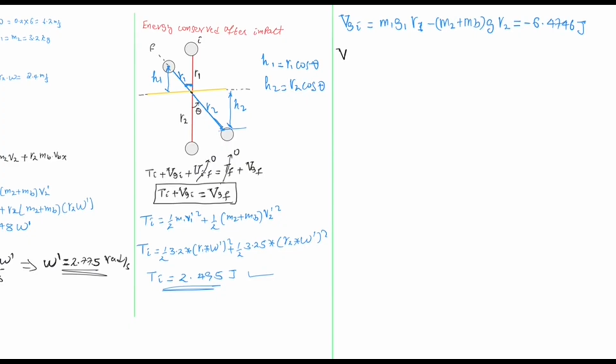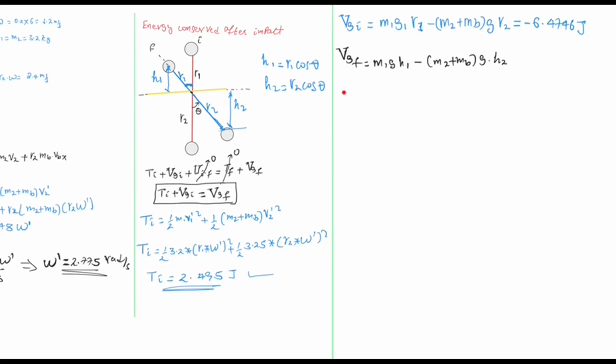So the final gravitational energy is equal to m1 g times h1, minus m2 plus mb times gravity times h2, because we are assuming that particle 1 is above our reference and particle 2 and the bullet are below the reference plane, so that is why this is negative, as we discussed previously.